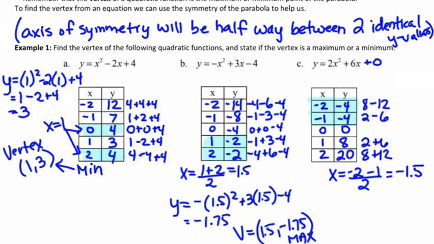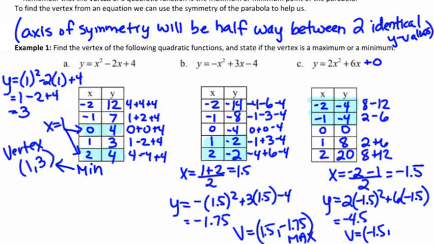It's going to change. So plugging that into our equation, 2 times negative 1.5 squared plus 6 times negative 1.5 gives us a negative 4.5. So our vertex is at negative 1.5 and negative 4.5. It's opening up. My a value is positive, so this will be a minimum value.